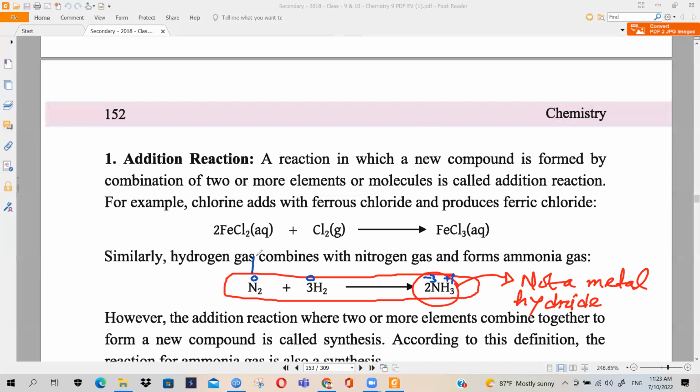So this would be half reduction, and in case of hydrogen, it will be half oxidation, right? Yes. All right, half oxidation.